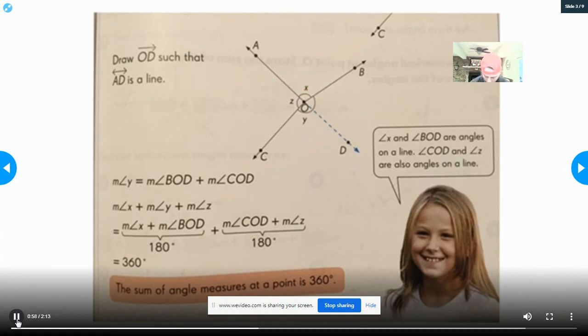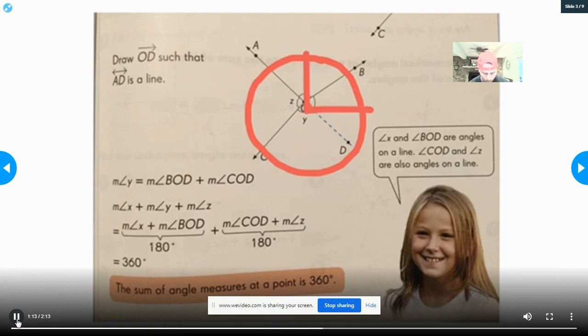Because if you think about a circle, forgive my lousy circle, there are 4 right angles in a circle, right? And each angle is 90 degrees.